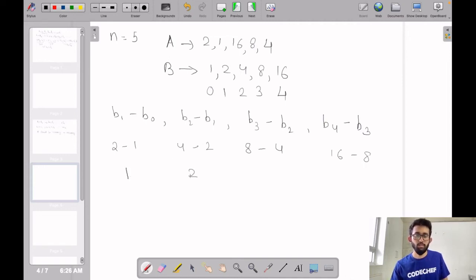So now what we do is we take the differences. This is 1 and this is 2. So we will go from left to right. We have calculated all the differences. Now let's say we are at this position.